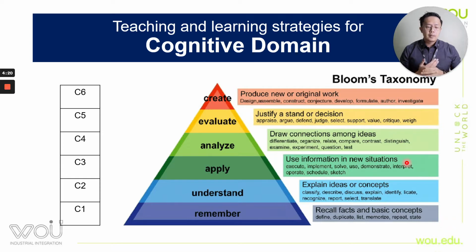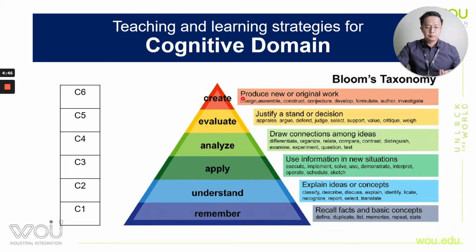C3 is apply, where the students should be able to use information in new situations. C4 is analyze, where the students should be able to draw connections among ideas. C5 is evaluate, where the students should be able to justify a stand or decision, and argue. And finally the highest level, create, where the students should be able to produce new or original work.